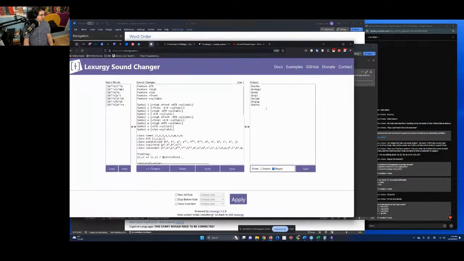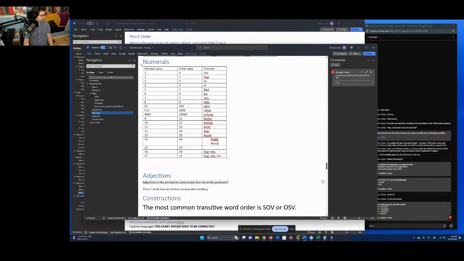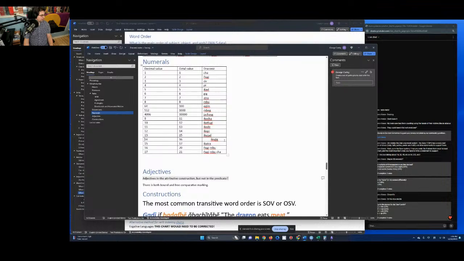Okay, I just failed to put those in. Ike, ikegig, ikatra. So there's going to be some irregularity in how it applies. And that is our numbers from 9 to 15.